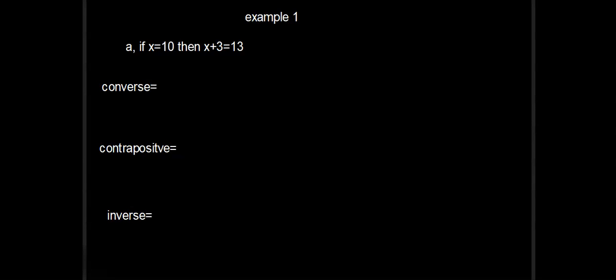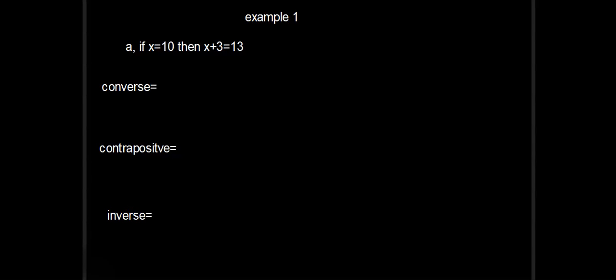The example says that if x equals 10, then x plus 3 is 13. They want us to find the converse, the contrapositive, and also the inverse. As I told you, the converse is all about switching them.